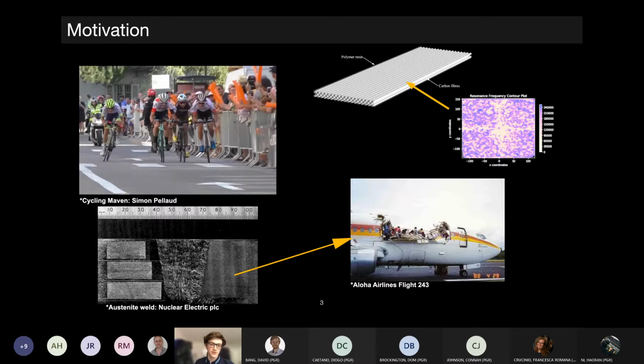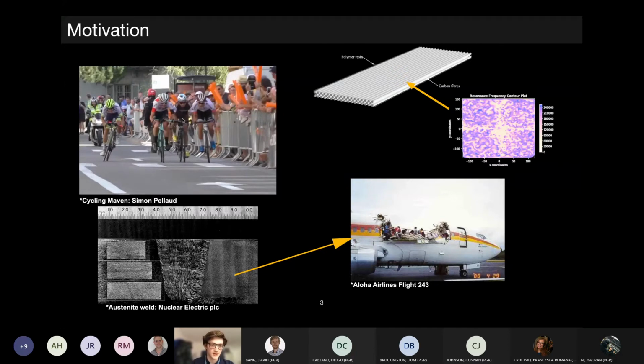A lot of people use homogenization techniques, so they basically assume that these types of materials don't have heterogeneities inside them. If you have a model that doesn't account for this randomness, this layered structure, you won't be able to detect flaws accurately.